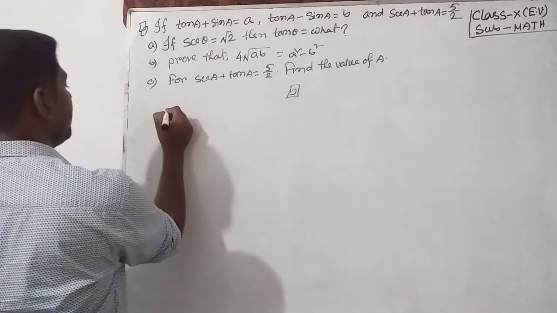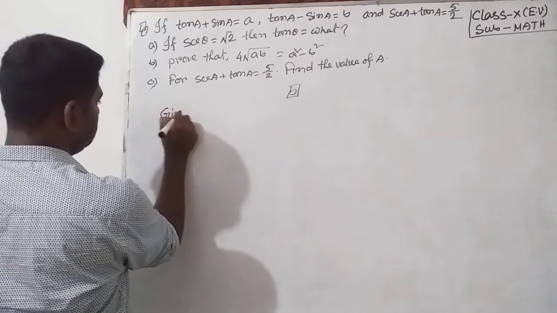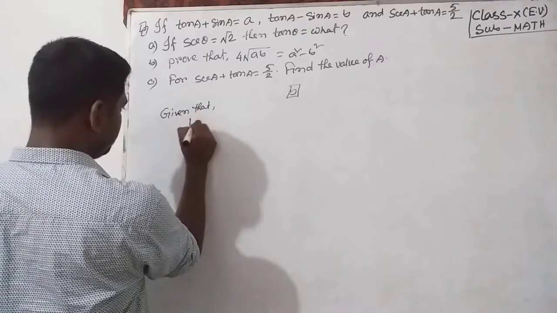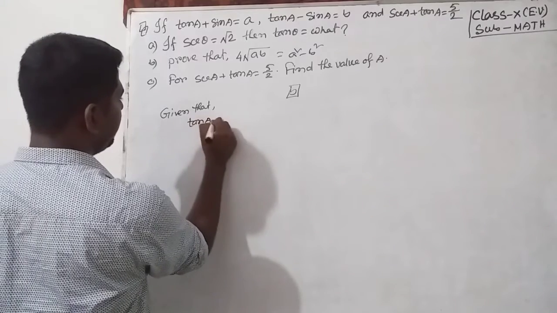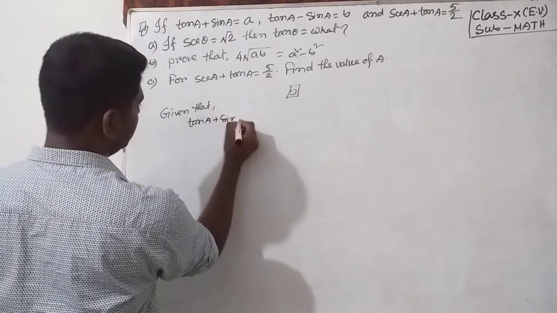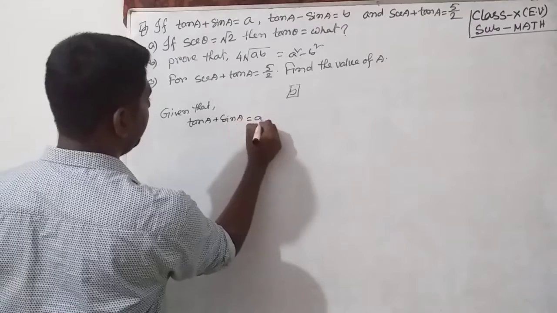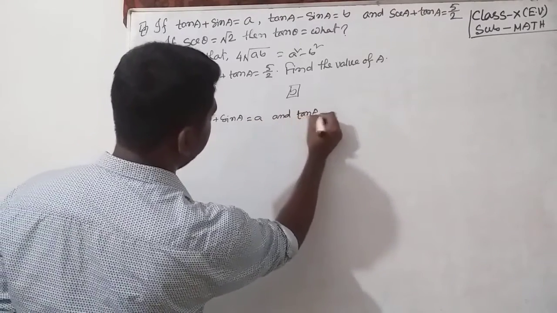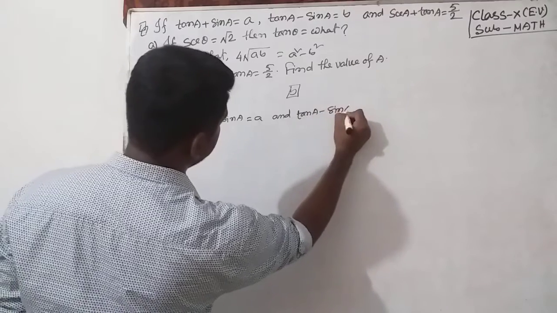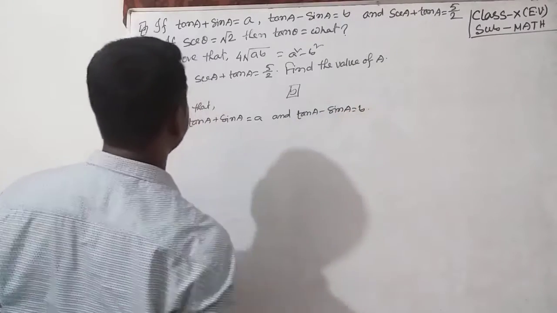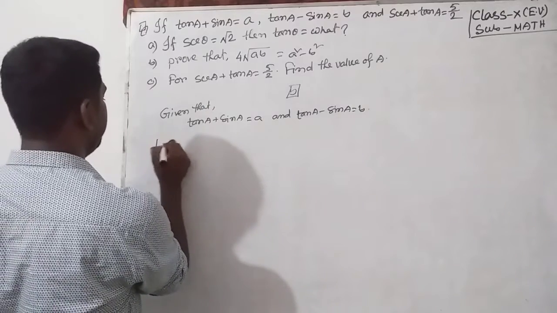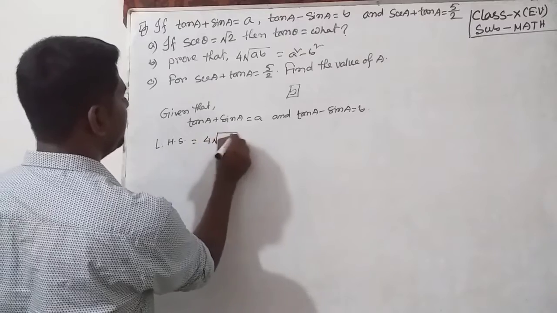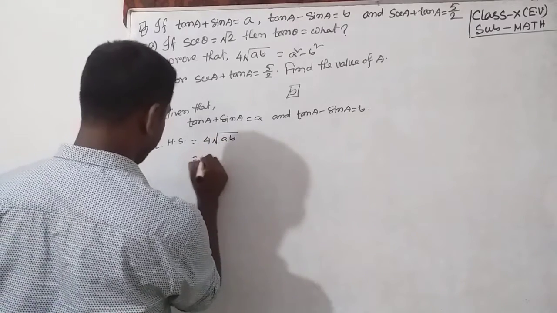At first write down, given that tan a plus sin a equals a and tan a minus sin a equals b. Here left hand side equals 4 root over ab.